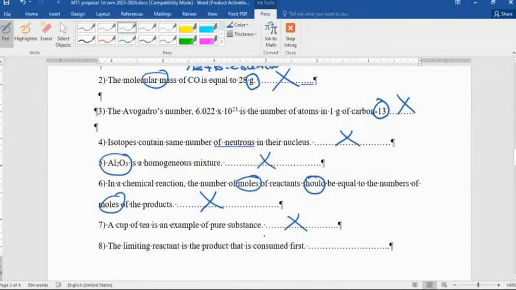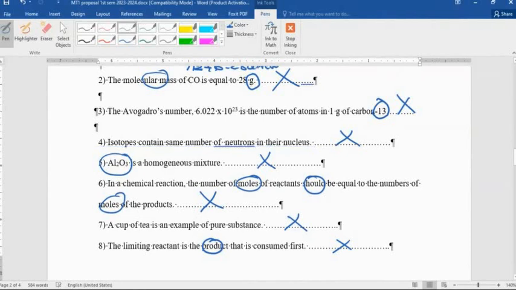Because he will say the limiting reactant is consumed first. It is true, yes, it should be true when the limiting reactant is the reactant. But here, what he told me is the product. So what is the relation between reactant and product? Nothing. There is no relation between reactant and product. So this one is completely wrong.